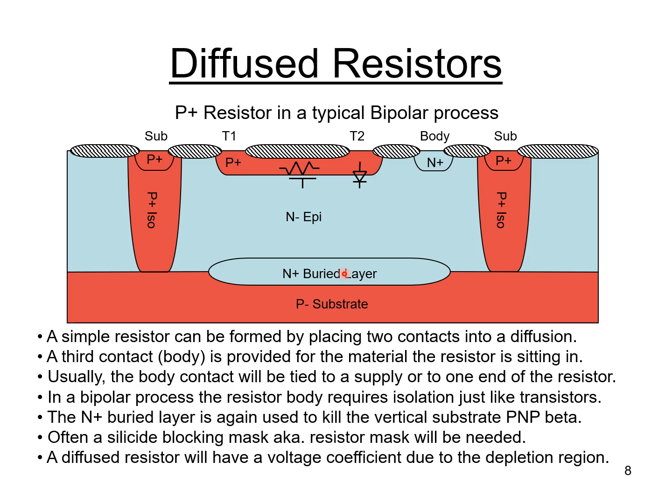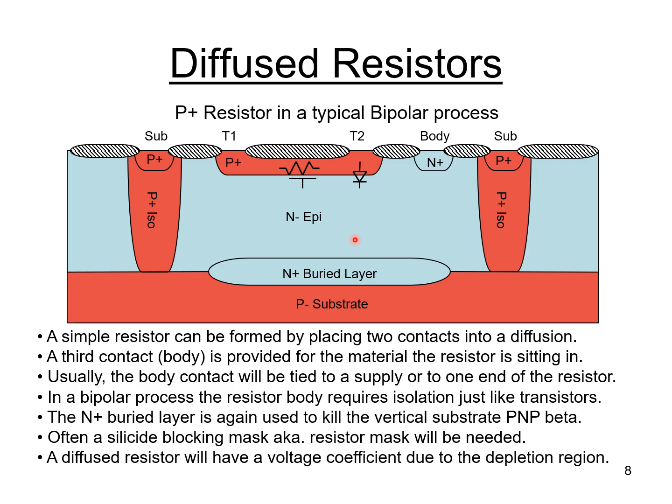It kills the vertical PNP beta of the parasitic device formed by the P plus, N-epi, P substrate. What you do is you put the N plus buried layer in there, and that gives that parasitic PNP a very highly doped base region, so there's going to be a lot of recombination in the base, so you've driven the beta very low on that device.